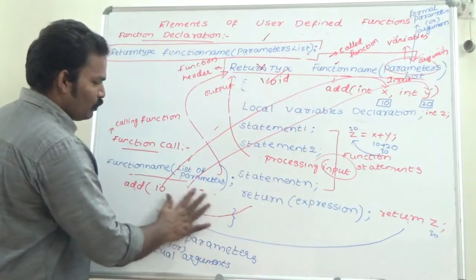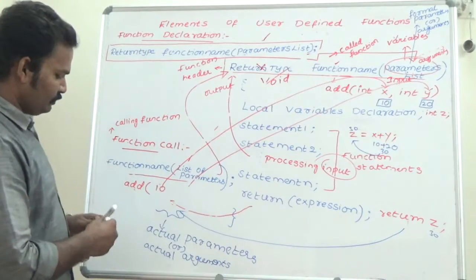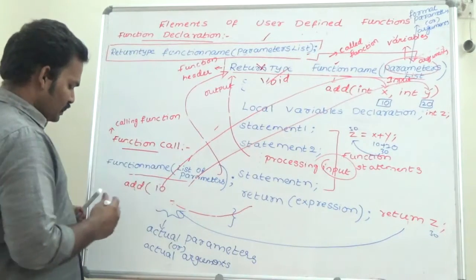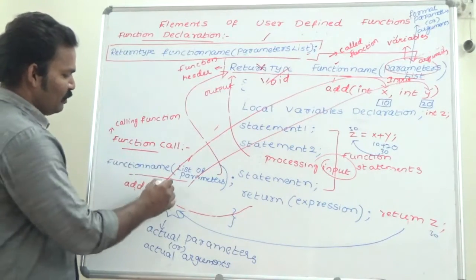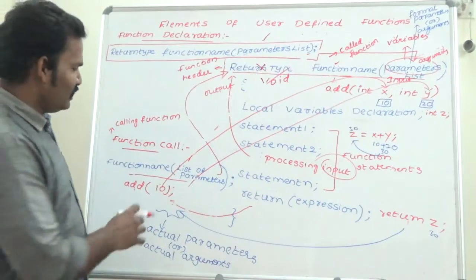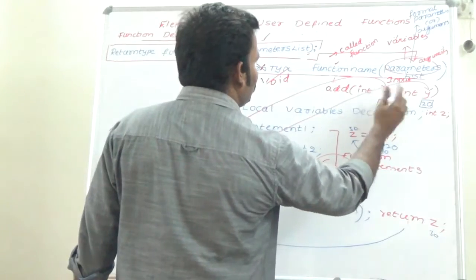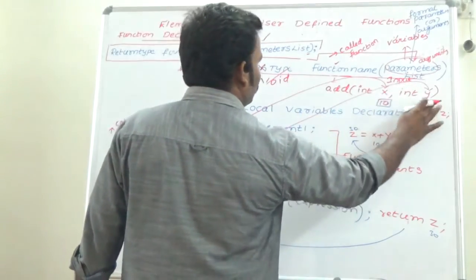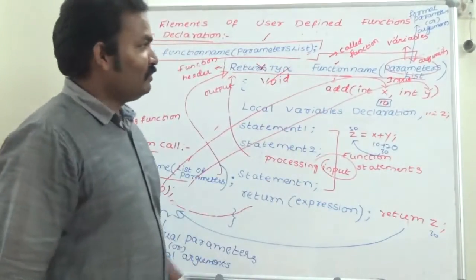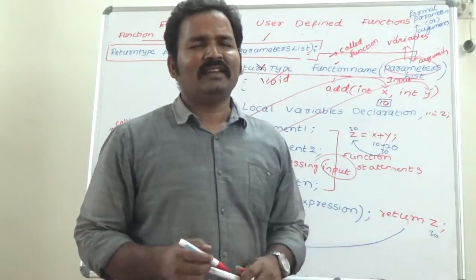Next, suppose while calling the add function, I am passing only one value as argument. So here 10 will be stored into the x variable. So what about y? What about y here?